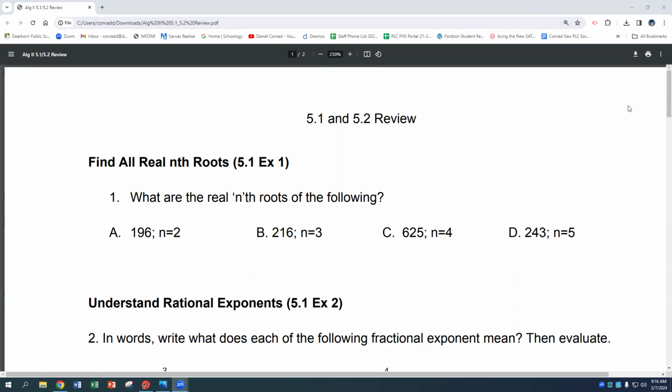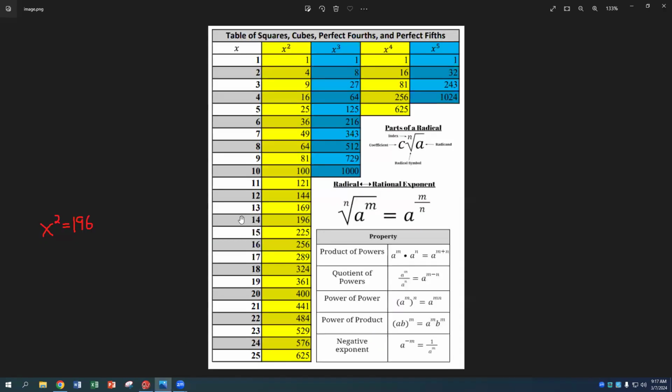What that means is we're looking for some number, let's say x, where x squared is going to equal 196. What number to the second power is going to give us 196? Well, we can either use our calculator or we can use our table. So the second root of 196 is going to be 14.